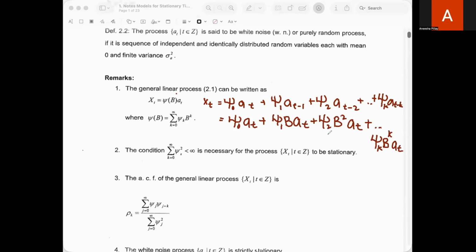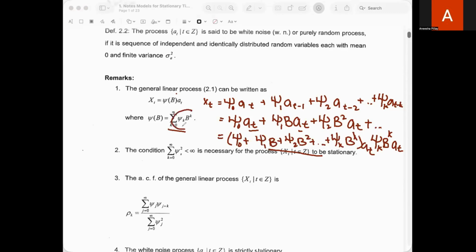This follows the backward operator, and since everything is now in the form of a_t, it is psi_0 plus psi_1 B plus psi_2 B squared, up to psi_k B^k, and the whole thing multiplies a_t. This becomes the summation from k equal to 0 onward, following the backshift operator.